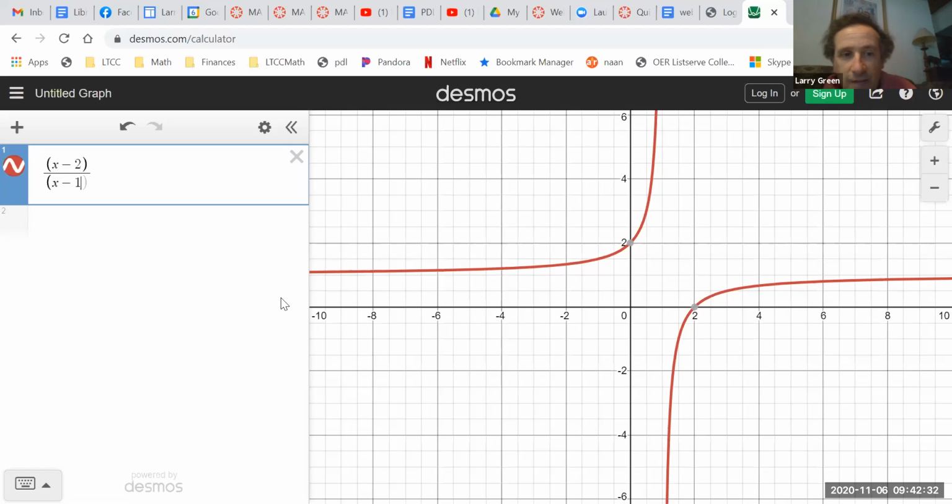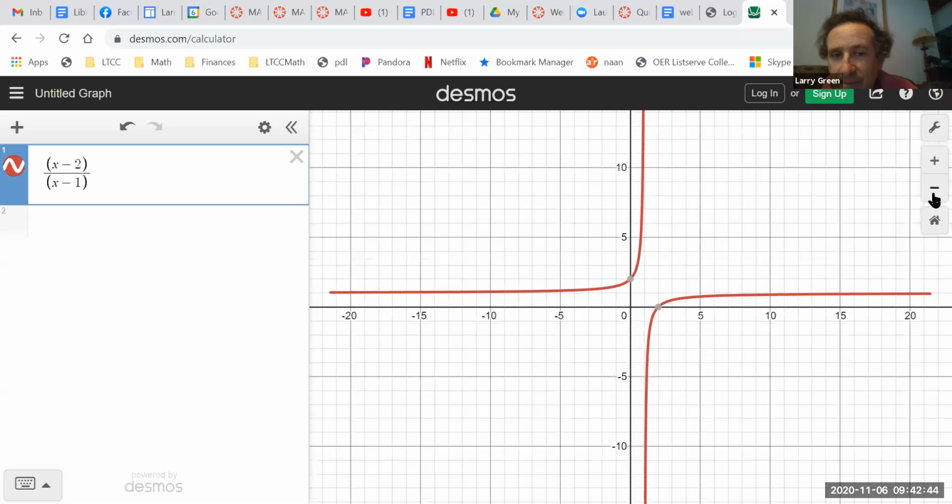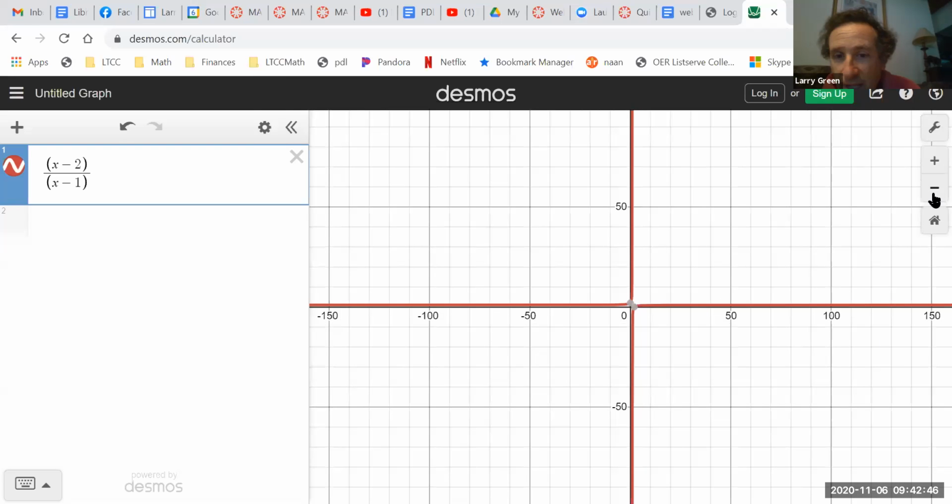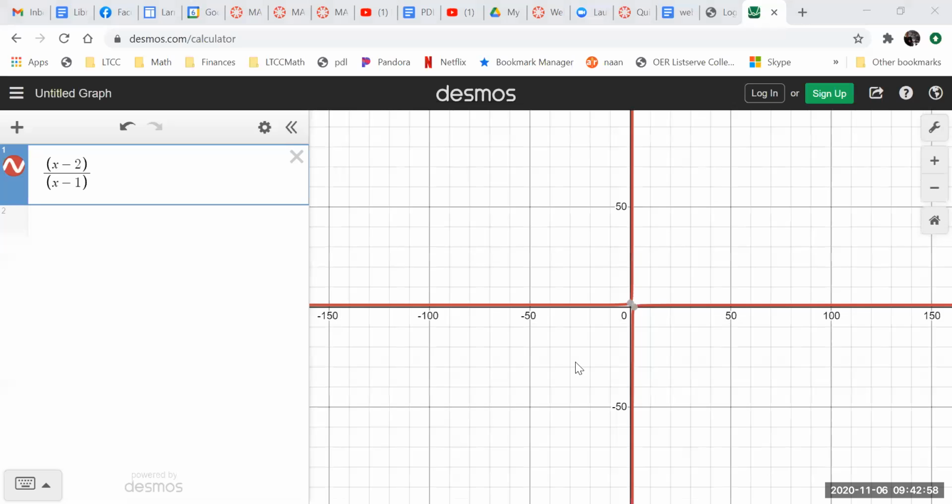Now, if you look very far left or very far right, so let me zoom out. What's it look like? Kind of everything except real close to 0, in one word. What is it? Starts with an H. Is it horizontal? It's horizontal.